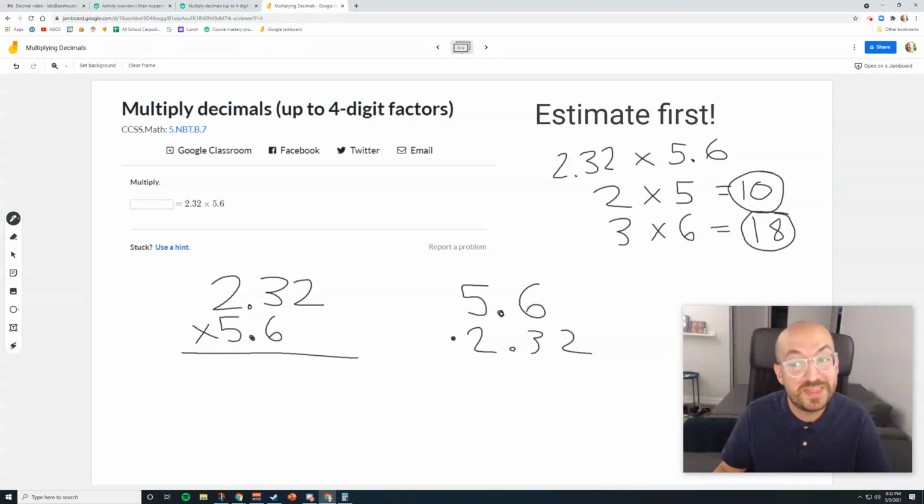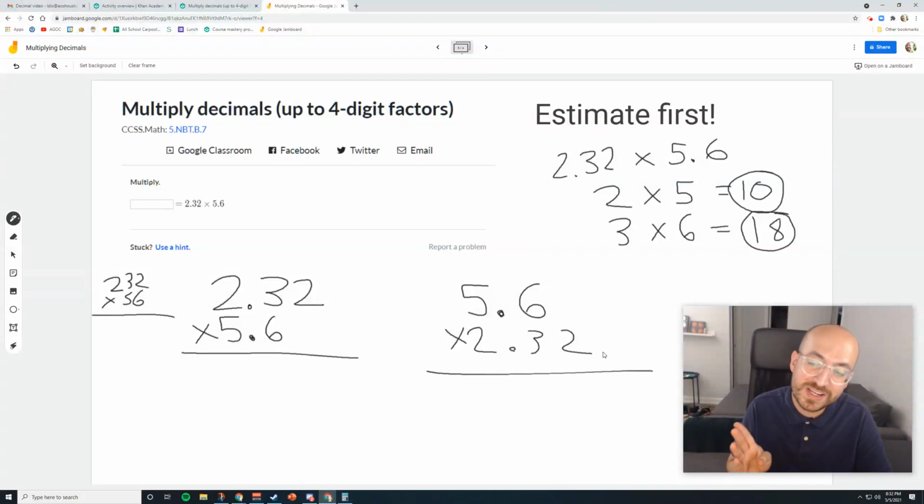I don't do this though, because then there would be 3 partial products. I'll do it, but in 5th grade we multiply 232 times 56. We know how to do that. Multiplying with 3 digits on the bottom will be unheard of, but it's kind of fun.